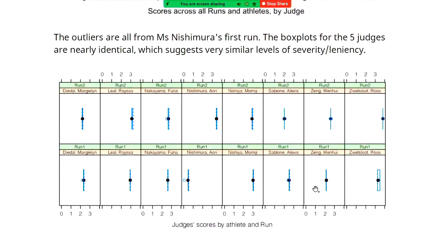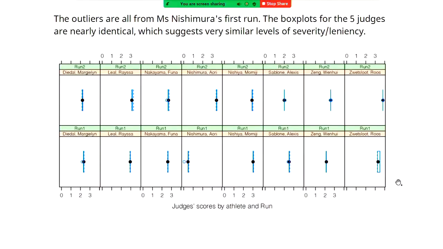So I did some more, I'm sort of showing off here. I'm just trying to show you the kinds of things you can do to explore the data. So this is a bunch of box plots. These are combined together in what we call a trellis plot. In the lower row of box plots are the scores for the first run.